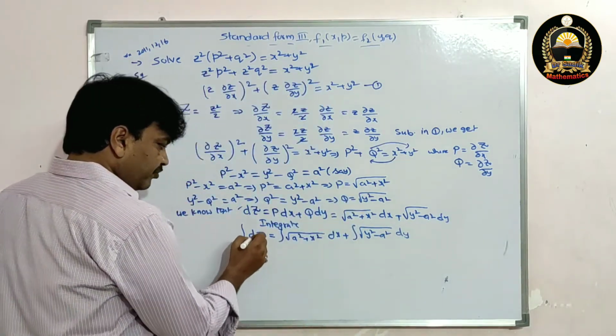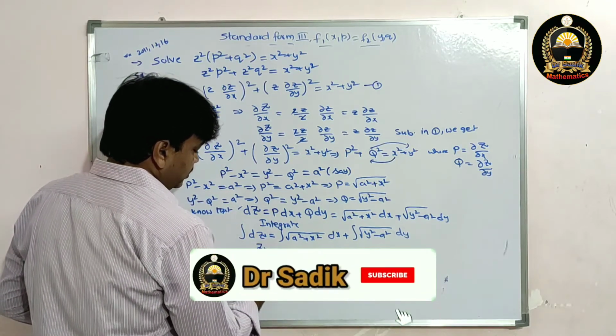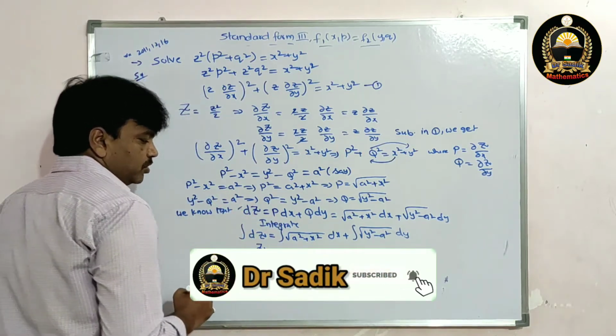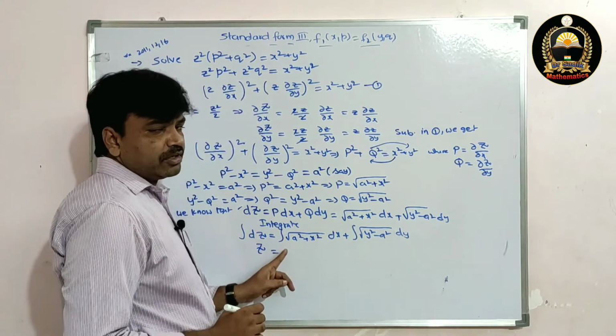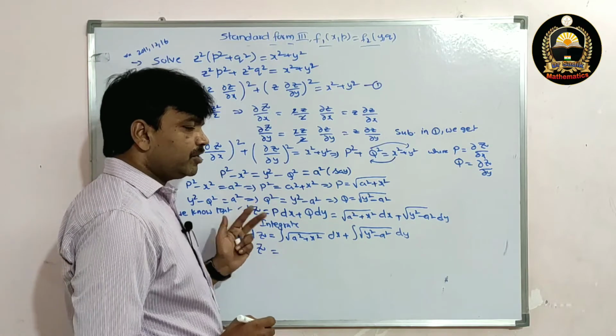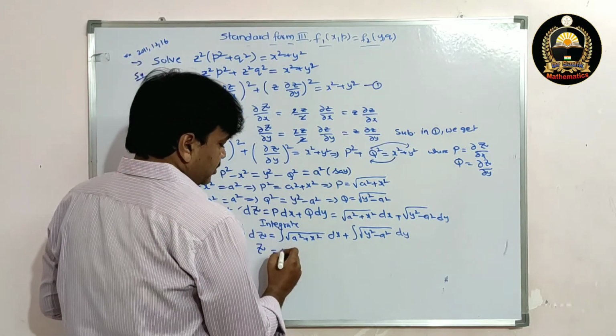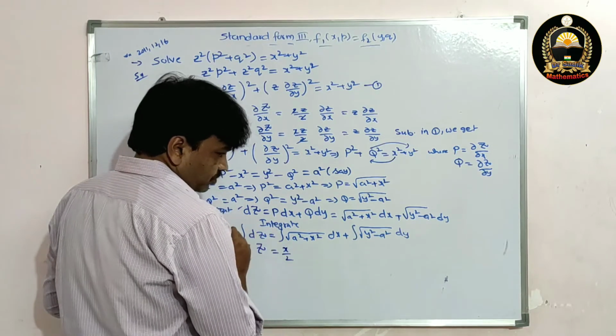Now integral of d capital Z, students, we get here capital Z, that is equal to, we have a formula, students, integral of square root of x square plus a square into dx. What is the formula, students? Okay, x by 2.